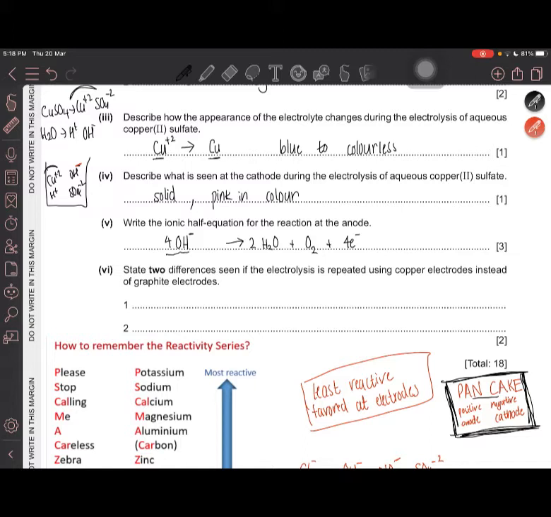If there was a copper electrode, the anode will reduce in size, or the anode will dissolve, and the color will remain constant, because the copper anode dissolves and we get a constant supply of more copper ions.